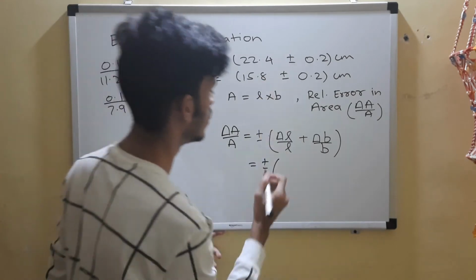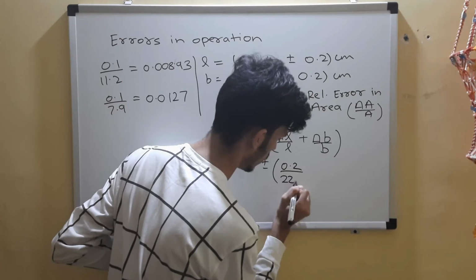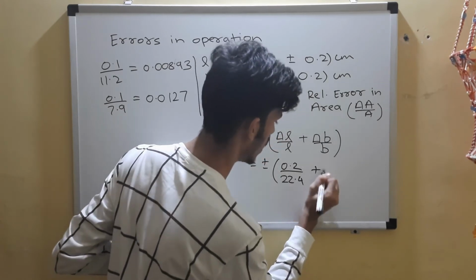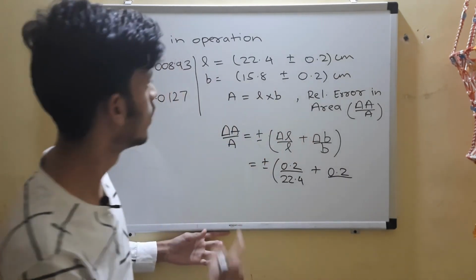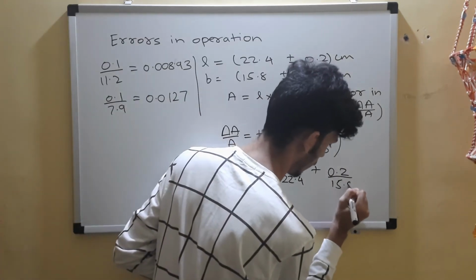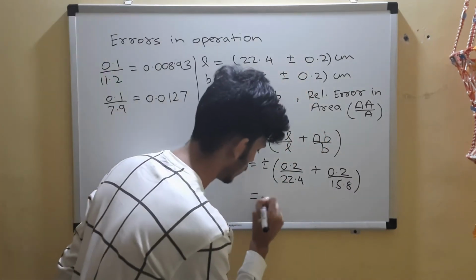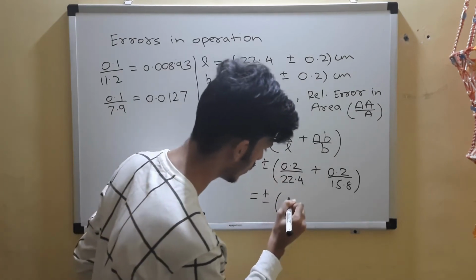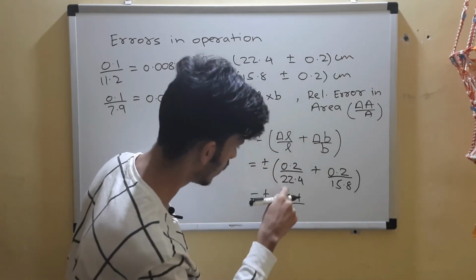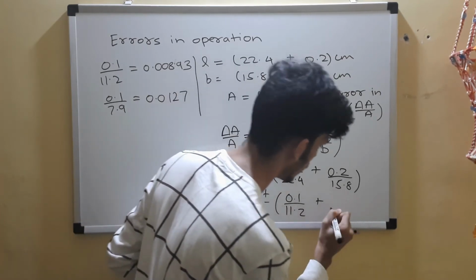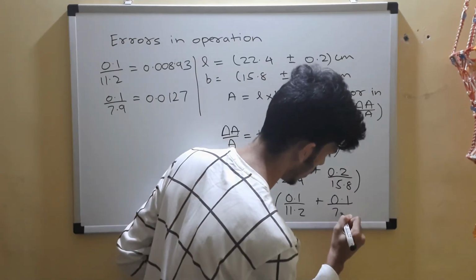Delta L, which is 0.2, divided by L, which is 22.4, plus 0.2 divided by 15.8, that is delta B upon B, delta A upon A. Okay, so here I'm cancelling by 2, so 0.1 divided by 11.2, I'm doing some maths now, 0.1, and here also you'll get 7.9.